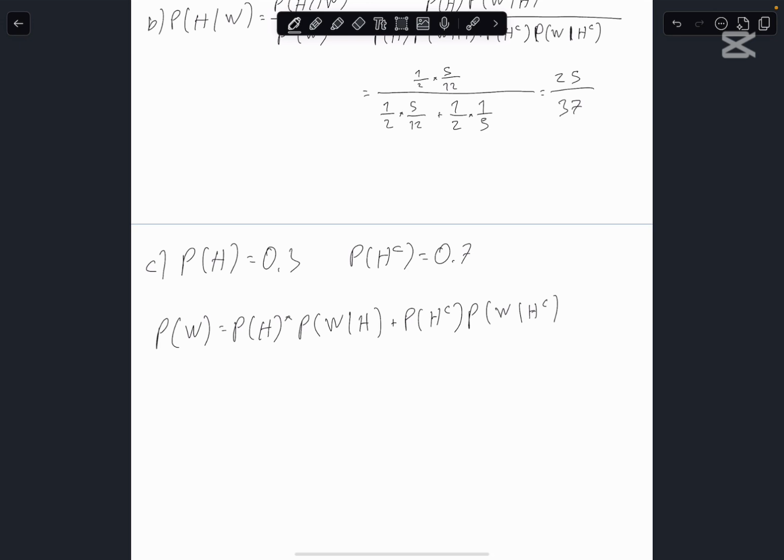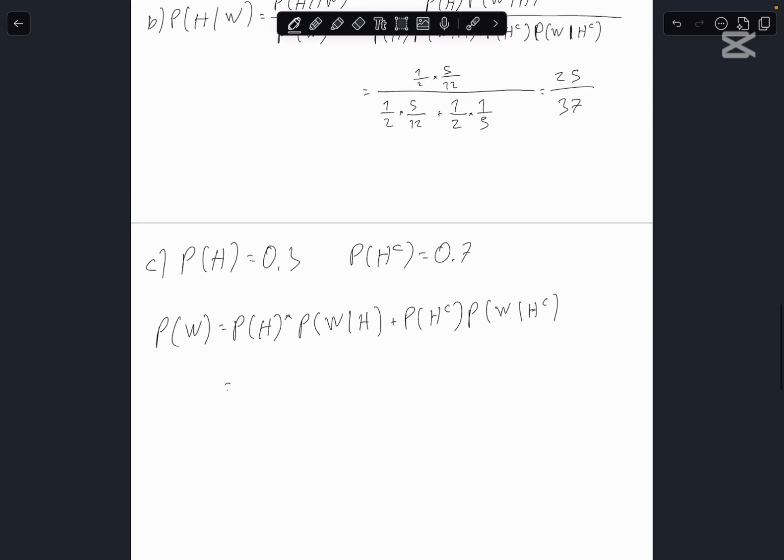Yes, we need to calculate this one. Let's write the probabilities. This time the probability of getting heads is 0.3, multiplied by the other probabilities, which are not changed because we didn't change the number of balls in the urns. So we can use the previous probabilities to solve this problem.